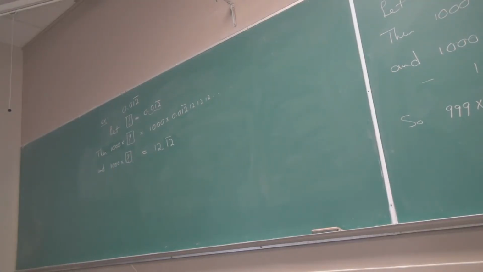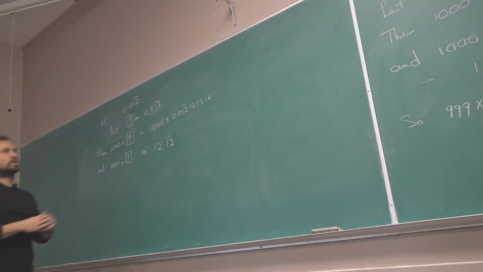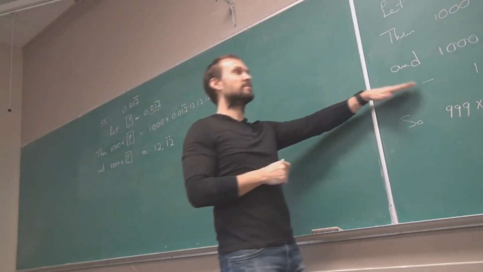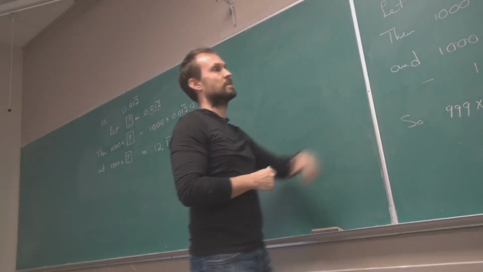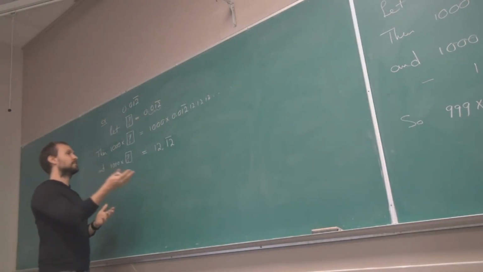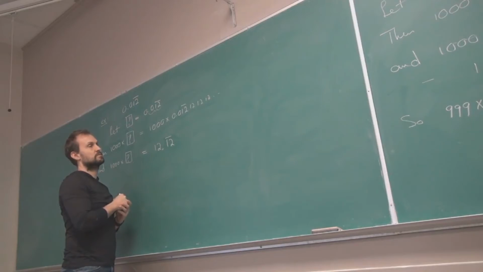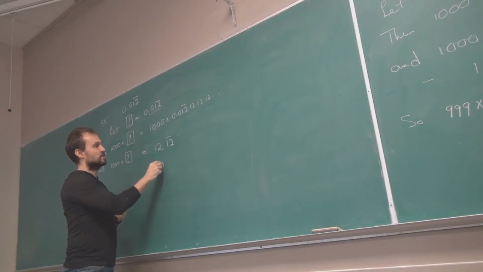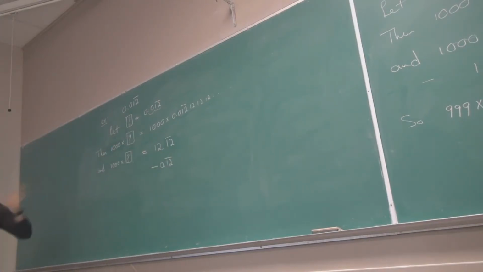Now it was a slightly trickier decimal to begin with, so I need to just watch out for this step. This is really the step that's complicated, the subtraction step. What am I subtracting to get rid of the decimals? Looking at this, what should I get rid of? 0.12 repeating. I want to throw the decimals away.